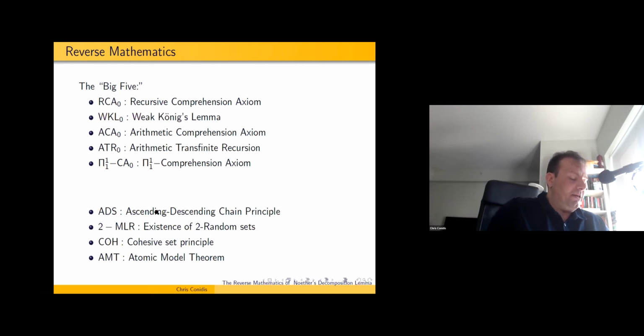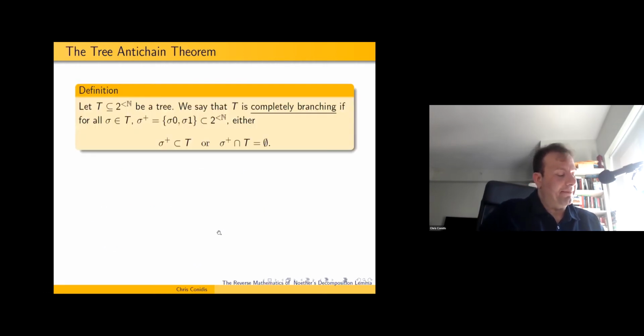These are subsystems of second order arithmetic that are going to be relevant for the primary decomposition lemma. Although I'm not going to get too much into the specifics of these, because I want to get into the algebra a little bit more. But these are axiom systems to keep in mind when talking about the primary decomposition lemma.